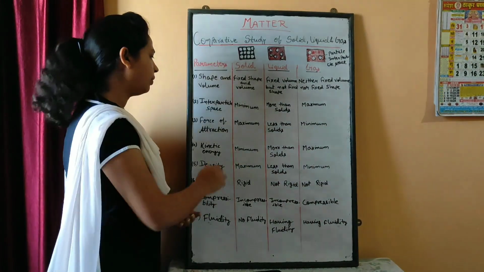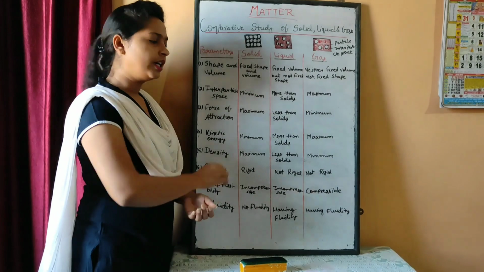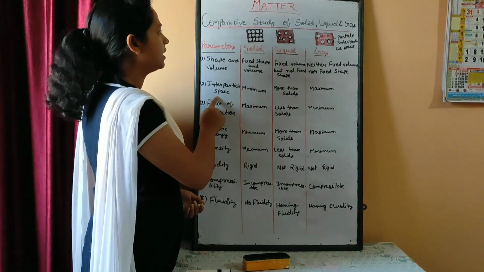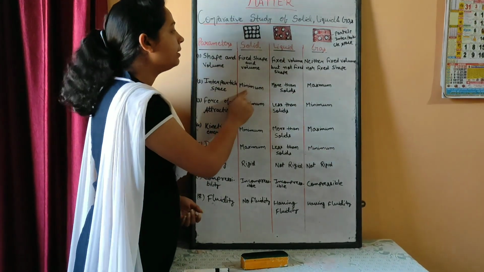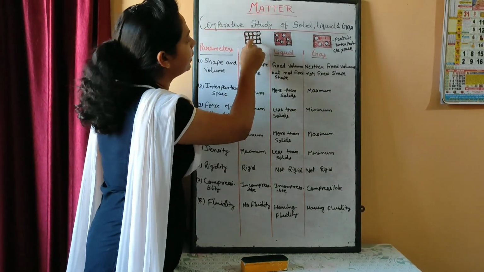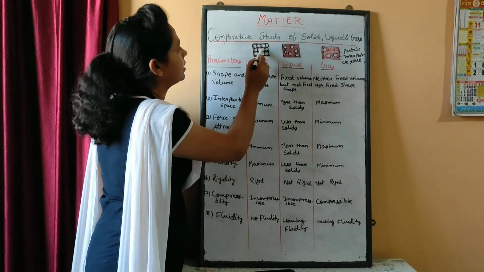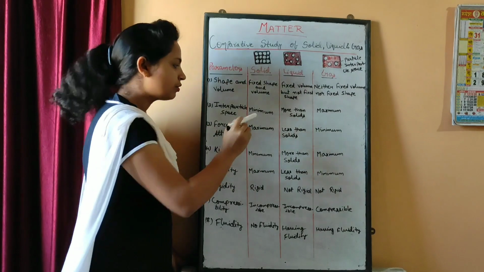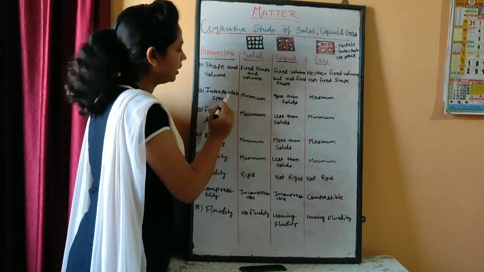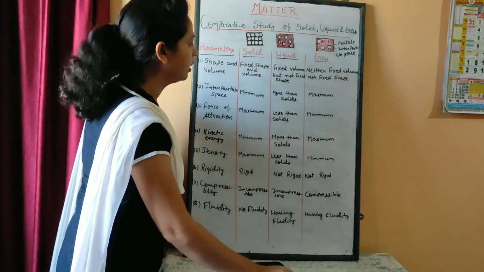Clear? Now the second is interparticle space, right? So interparticle space in solid, liquid, gases is minimum in solids. You can see here the red part is very less. So this red part is interparticle space, right? So this red part is very less. So the interparticle space is minimum in solid state, okay?